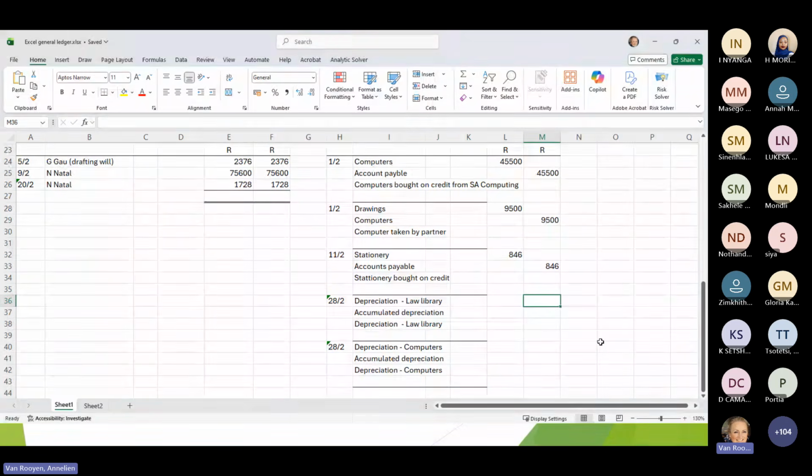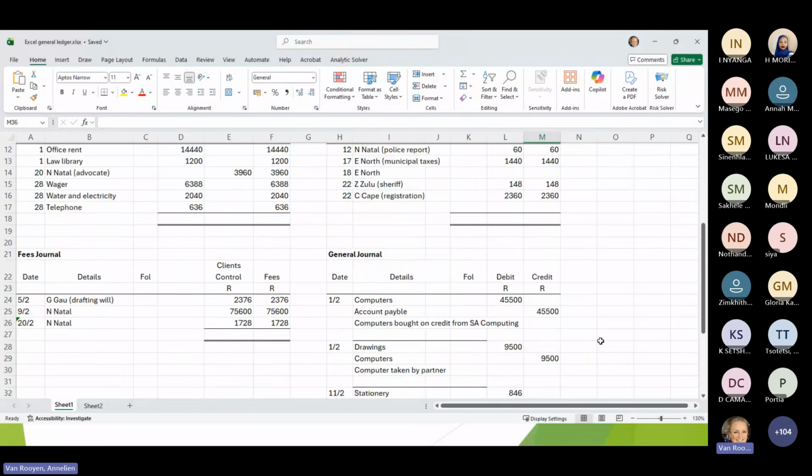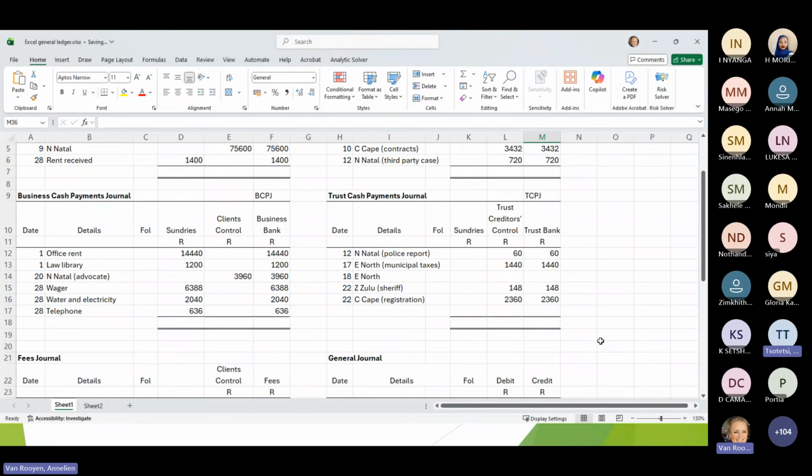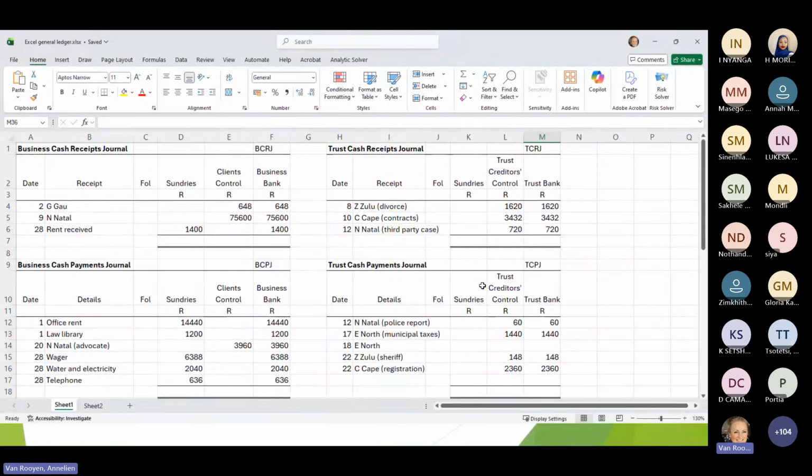Okay, so I hope you've all done the same as what I have. We can now just quickly add it to see if we agree on the amounts. Okay, this is straightforward, 1,400. This should be 76,248.